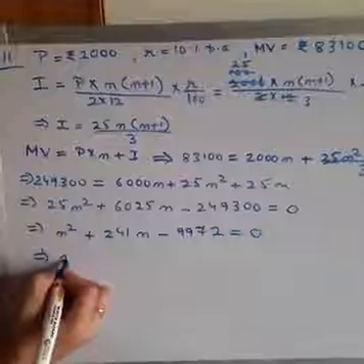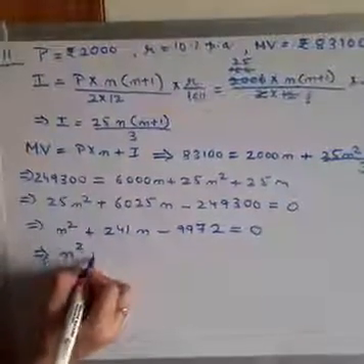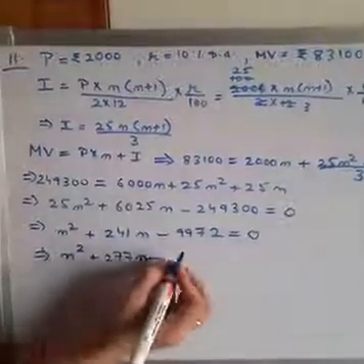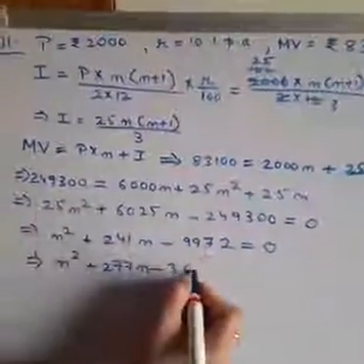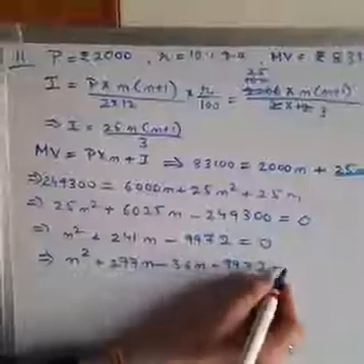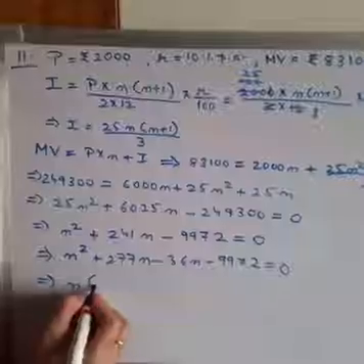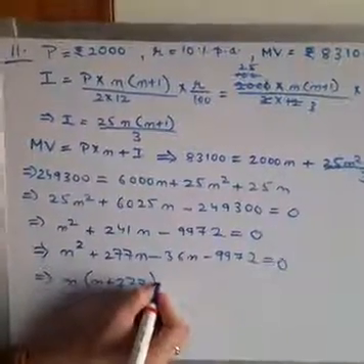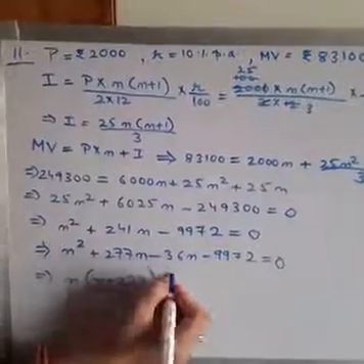So when you break this, it will be N square plus 277N minus 36N, and then minus 9972 taken as it is, equal to 0. From first two terms, N is common, so this will be N plus 277. Next two terms, we can take minus 36 common.